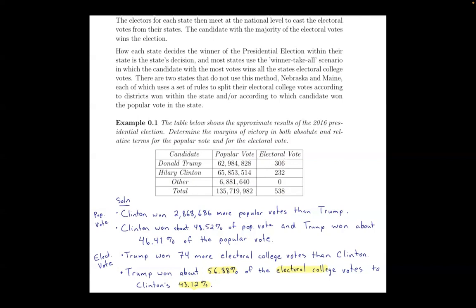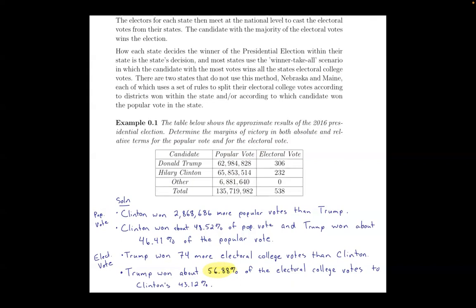And as I said before, the presidential election is determined by the winner, whoever has the majority of the Electoral College votes. And in this case, Trump won 56.88%, and that's greater than 50%. So by the majority rule in the Electoral College, Trump won that election.